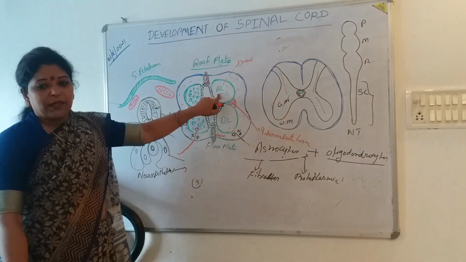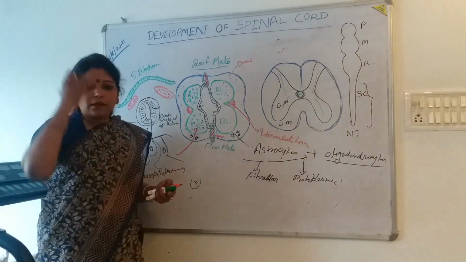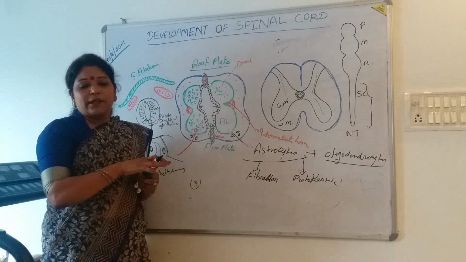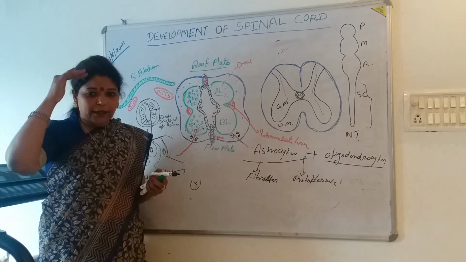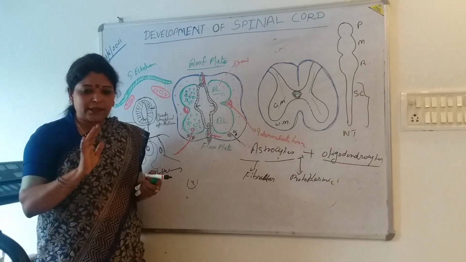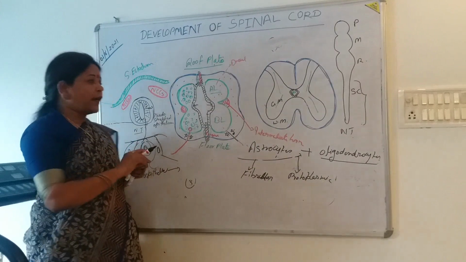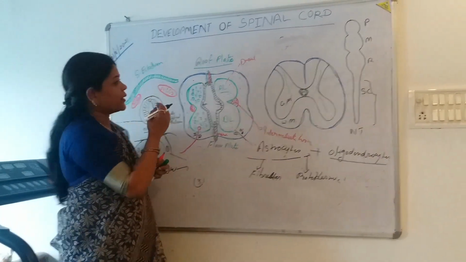Now the alar lamina, just the opposite, will be the sensory component, isn't it? In the topography of the cerebrum, you will see there is a central sulcus. Anterior to that there is the motor area, and posterior to that there is the sensory area. So anteriorly there is the motor and posteriorly there is the sensory area.